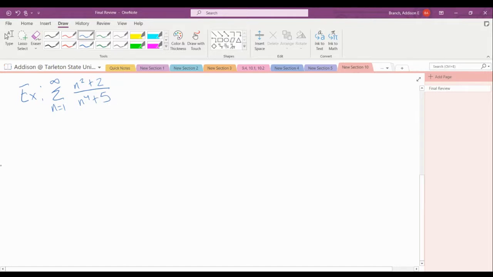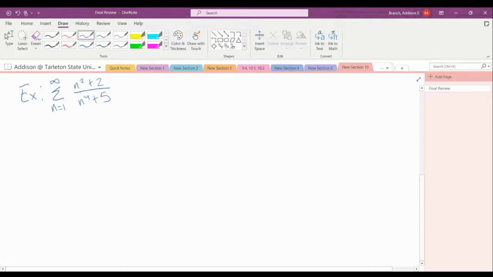The way we have this right here, we can't say for sure whether it's convergent or divergent, but we can try to compare this with a p-series, because p-series are very easy to tell whether they're convergent or divergent.